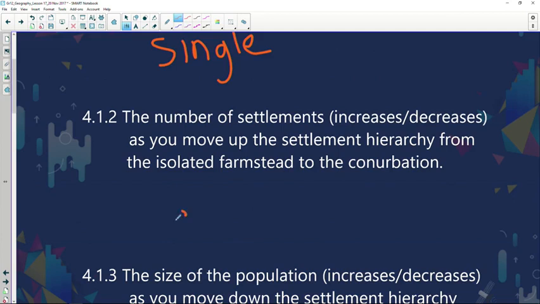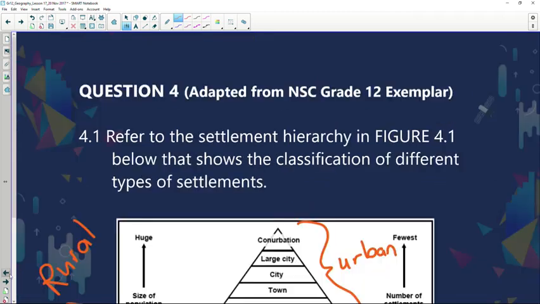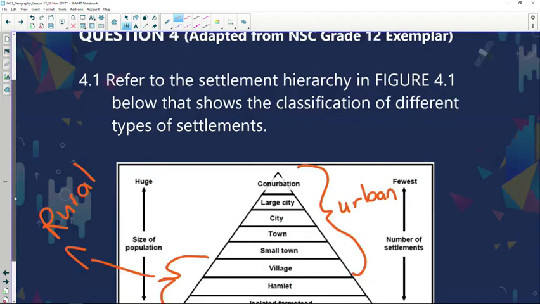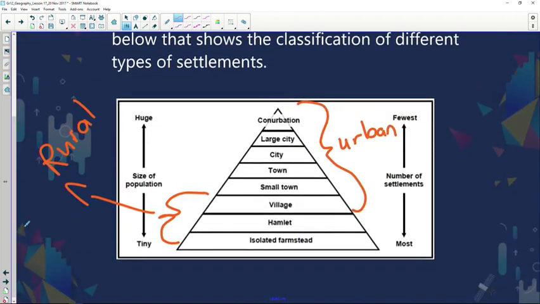The correct answer is decrease, and the answer is given to you on the figure. You can see that the bigger the settlement, the more the number of settlements decreases when you move in that direction.